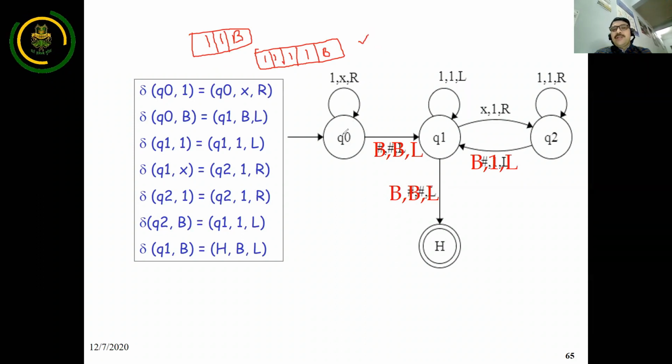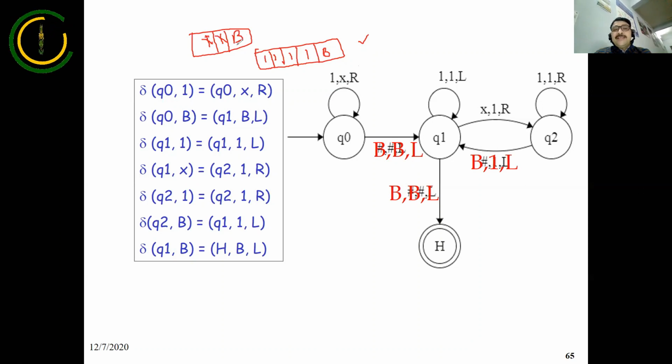You are in state q0, just convert this 1 into x and move towards the right. Means all ones should be converted into x. So just see here, this is converted into x and this is converted into x. Now you are getting a blank sign here. Clear?